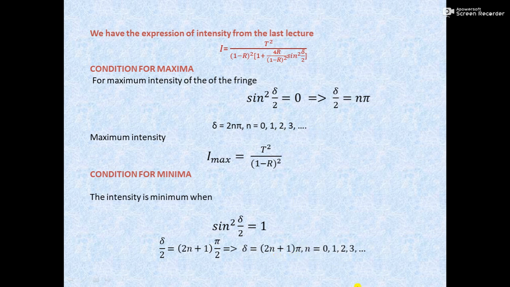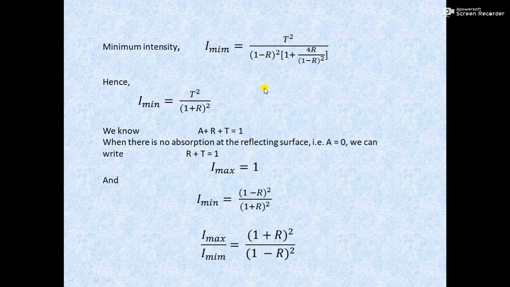Same as before, n varies from 0, 1, 2, 3 and so on. That is all, because the sin square delta by 2 term is equal to 1. Simplifying this equation, we can write I minima is equal to T square by 1 plus R square.